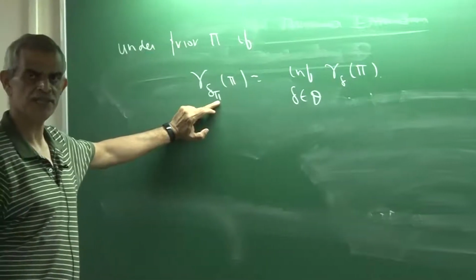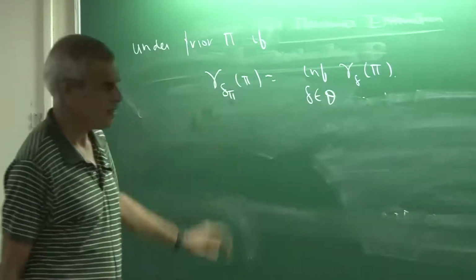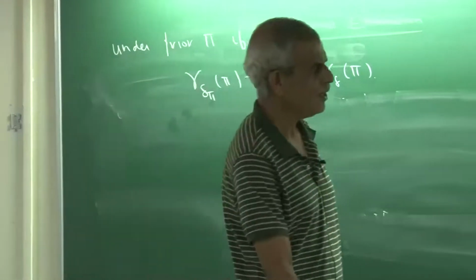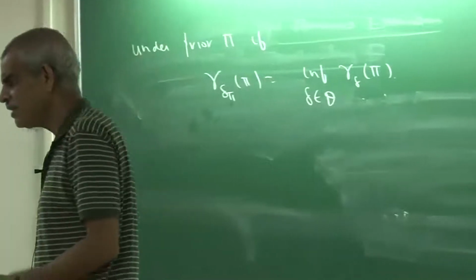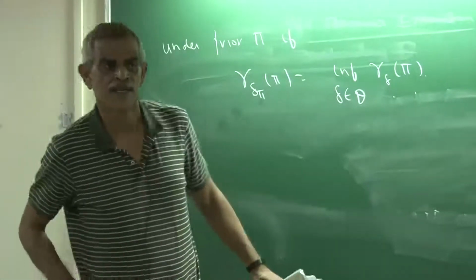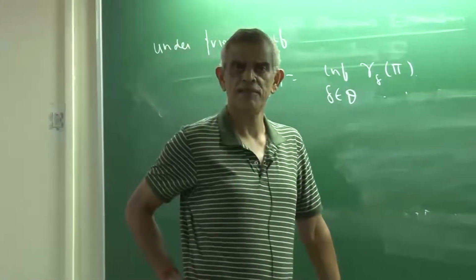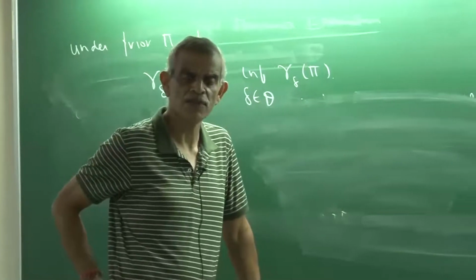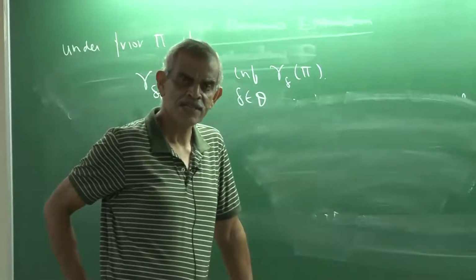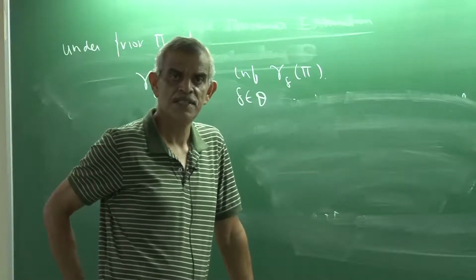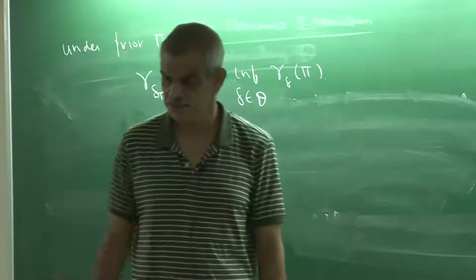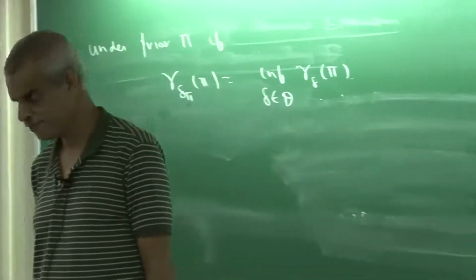As you change the prior distribution, your Bayes estimator changes. Good. So, this is one characteristic, that you try to minimize average risk rather than minimizing the risk at every theta, which is not possible. You try to search for an estimator which minimizes the average risk, and you call such an estimator a Bayes estimator.